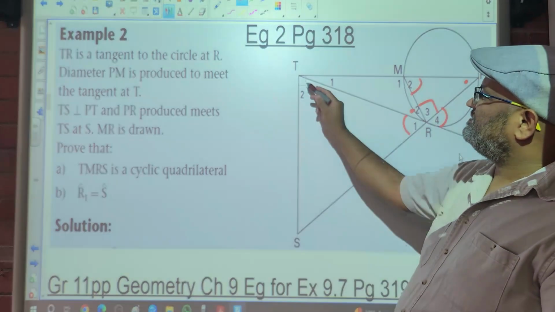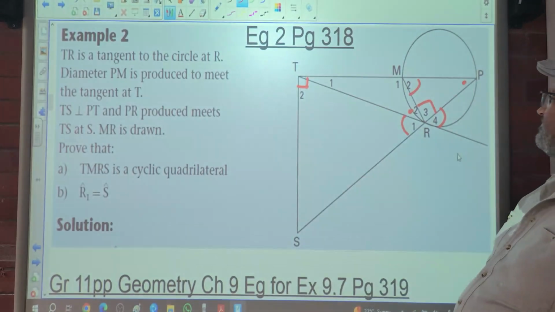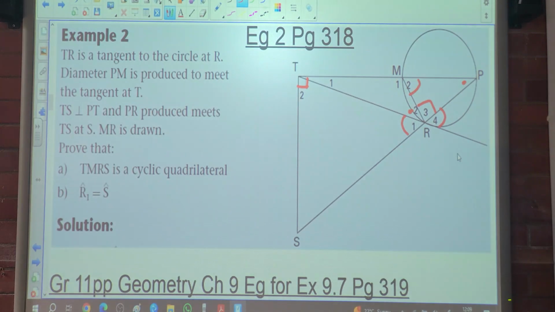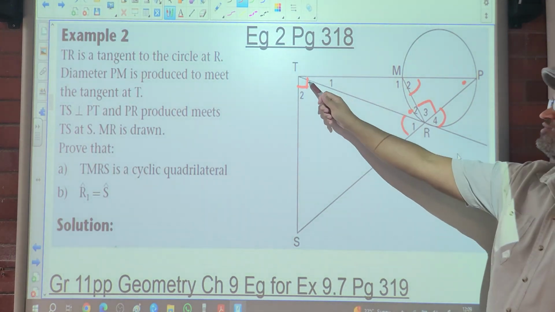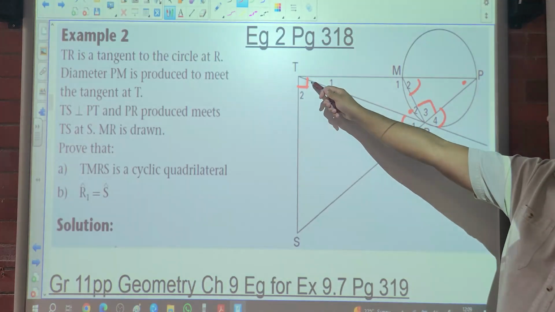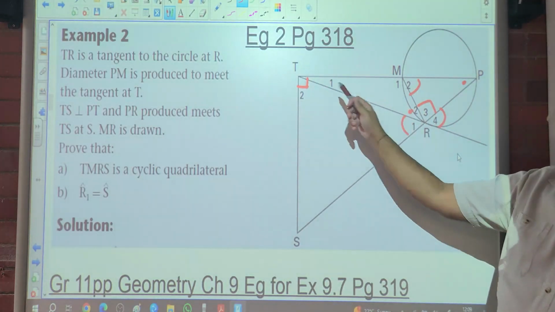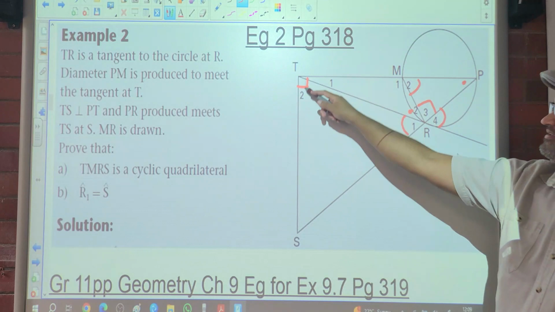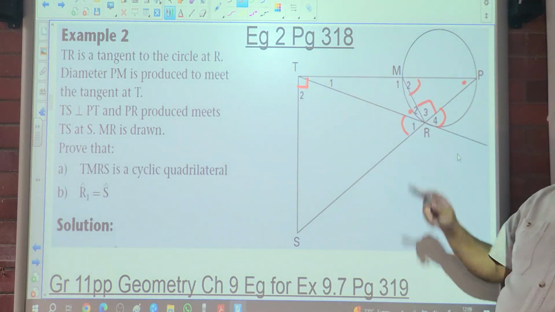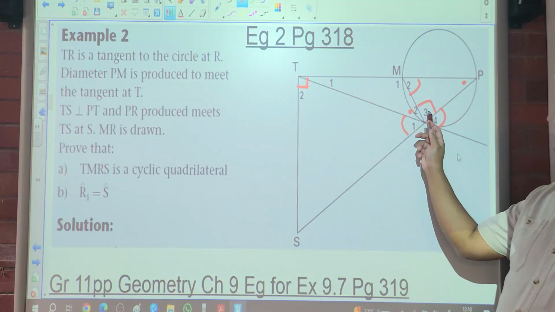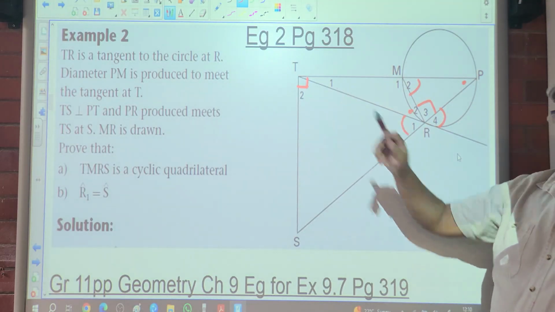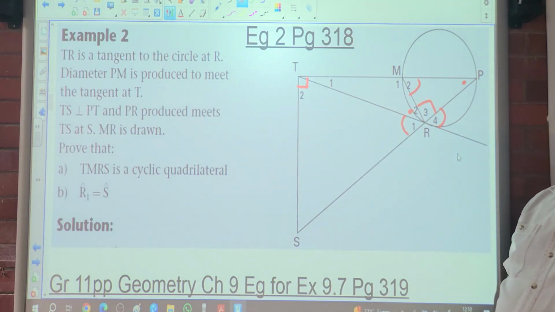So what do we notice now? It's 90, no? So again the question, what do you notice with relation to those two? It's 90 and 90, it's the same. So what is this here? Cyclic quad. Why? Exterior angle is equal to the interior opposite. Did you see that? But you see it now.